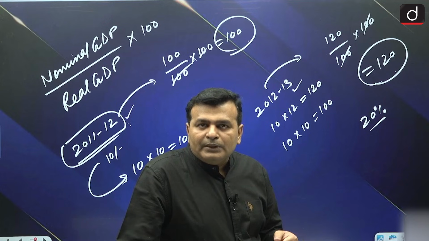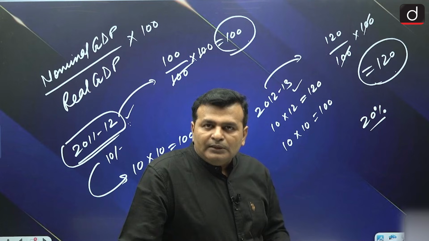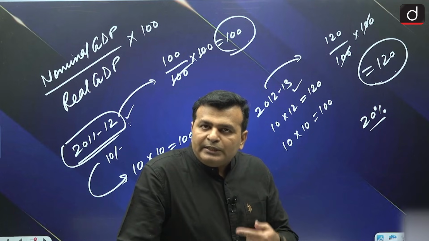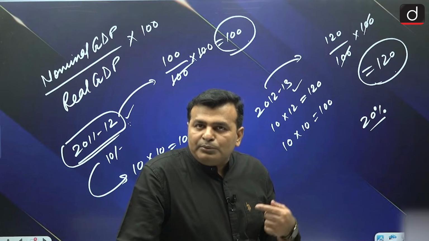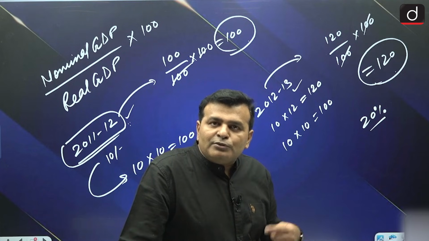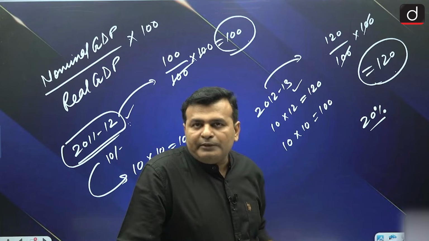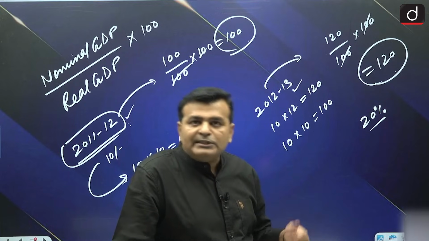But in calculation of GDP deflator, the price of such imported items cannot be taken into consideration because GDP includes only those goods and services which are produced within the territory of a country. So this is one major limitation.